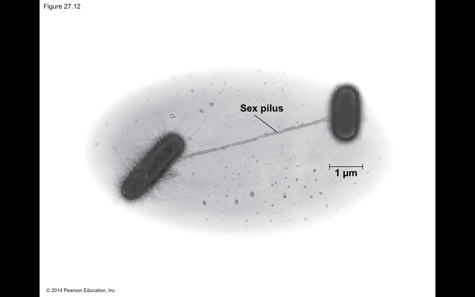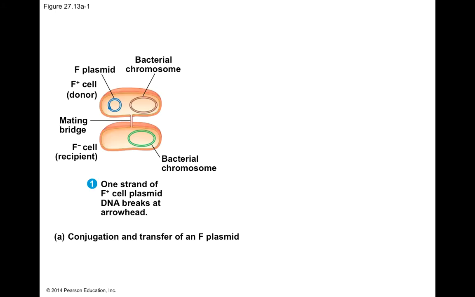There are two methods of conjugation depending on a piece of DNA called the F factor, and F is going to stand for fertility for this purpose. This first method is when the F factor is in a plasmid, that small ring of DNA that's not the main chromosome. This is called the F plasmid. Here the top cell is the donor and the bottom cell is the recipient.